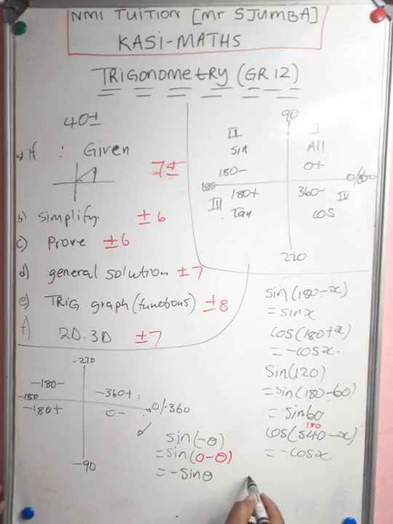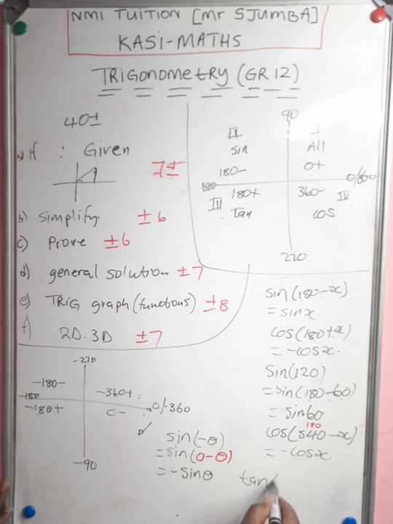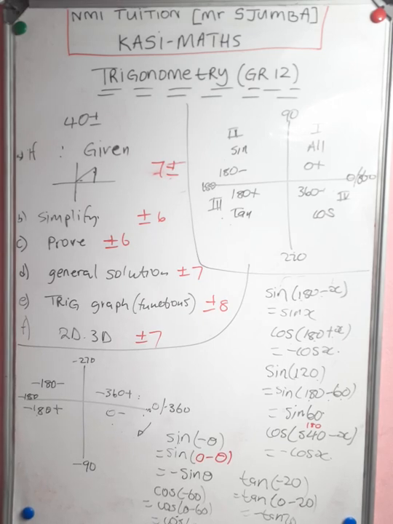If you have tan negative 20, treat it as tan 0 minus 20. So 0 minus quadrant 4, tan is negative, so negative tan 20. If you have cos negative 60, treat it as 0 minus 60. 0 minus 60 is quadrant 4, cos is positive, so cos 60.